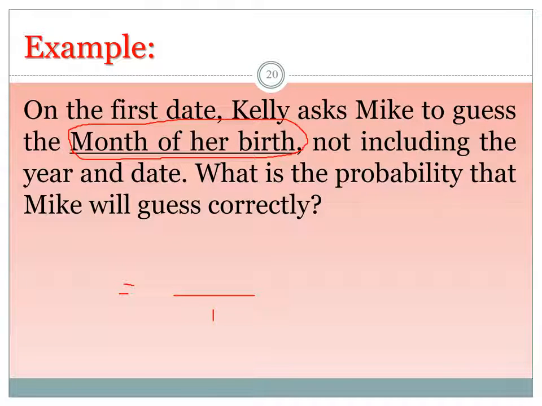We have a total of 12 months. So this person asked Mike to guess the month. This birth month may be January or February or March up to December. So this is one particular month. That means the probability is 1/12. Okay.